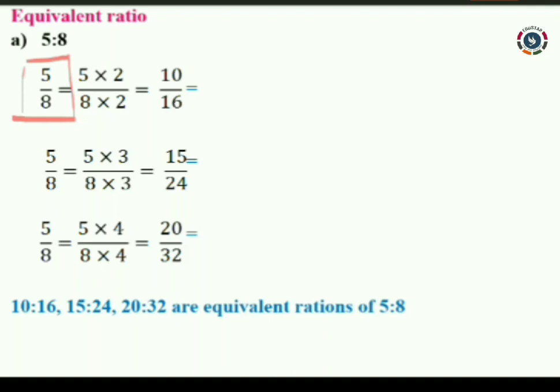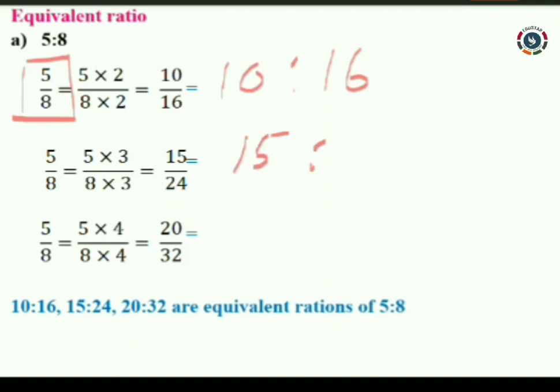For finding an equivalent ratio, you have to multiply the denominator and numerator by the same number. First I am going to multiply it with 2. You will get 10/16. How will you write the ratio for this? 10 is to 16. And next I am going to multiply it with 3, both denominator and numerator, and you will get 15 by 24.